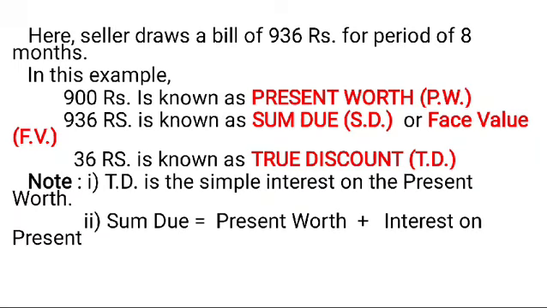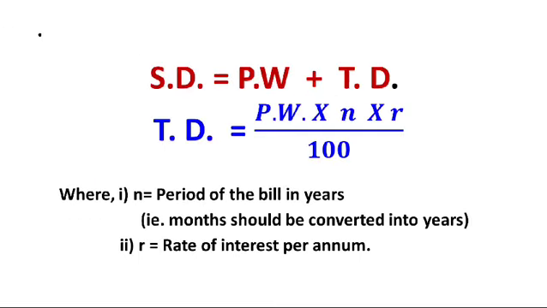To the current price, the present worth, if we add the interest on that present worth, that addition will be the sum due. So the formula of sum due: sum due SD is equal to present worth plus the interest. That means SD is equal to present worth plus true discount.